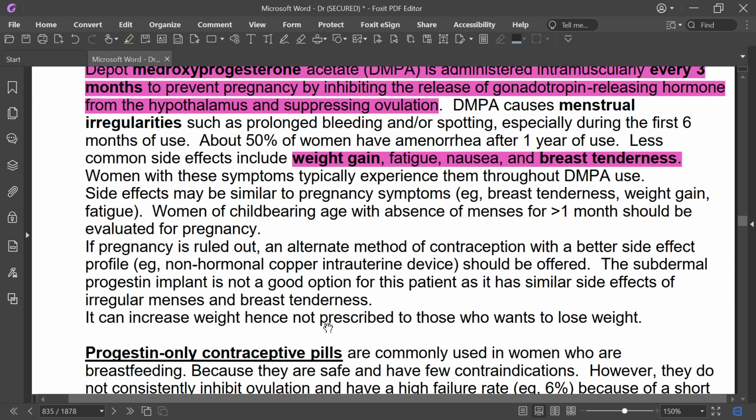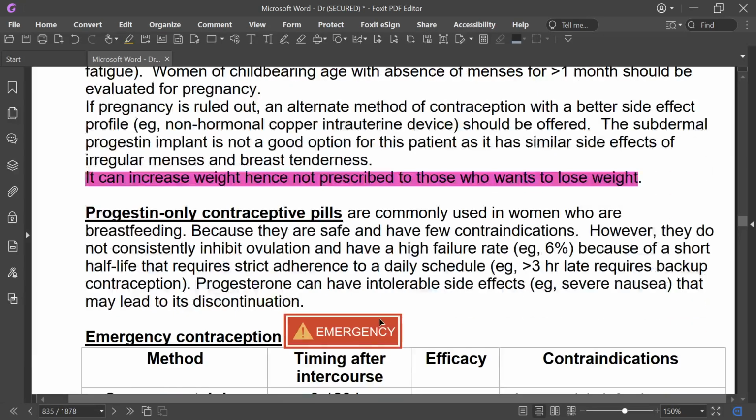It can increase weight, hence it is not prescribed to those who want to lose weight. So those who want to lose weight cannot be given this sort of drug.